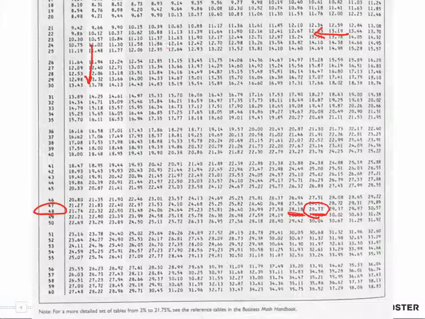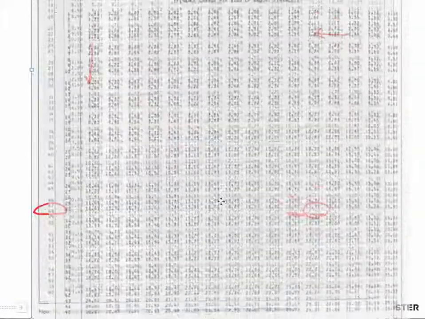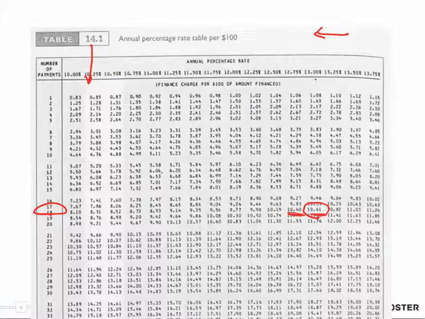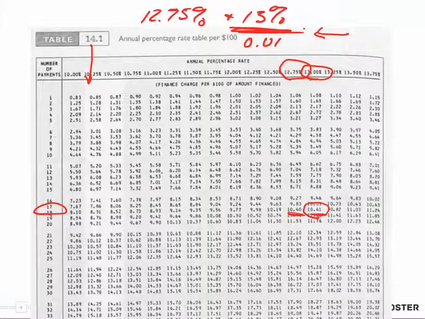That means that particular factor was in the column between 12.75% and 13%. But actually it's like 0.01 off of the 13%. So I would have a tendency to call this 13% as my annual APR. But the reality is it's between the two of those.